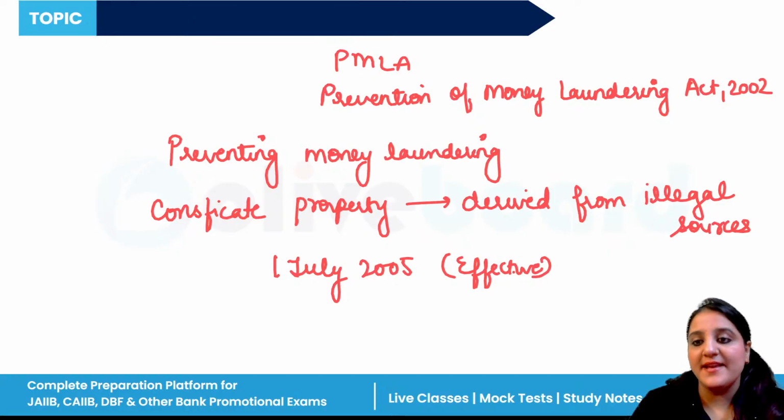If someone sends money abroad which was generated from illegal activities, it can be investigated, obviously, and also the property can be attached by the authorities, right?